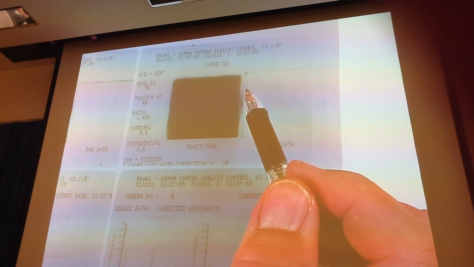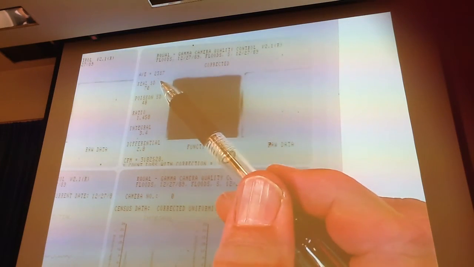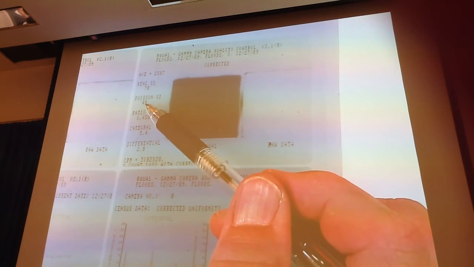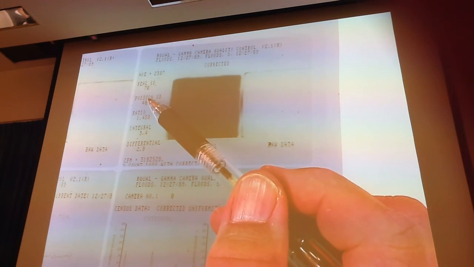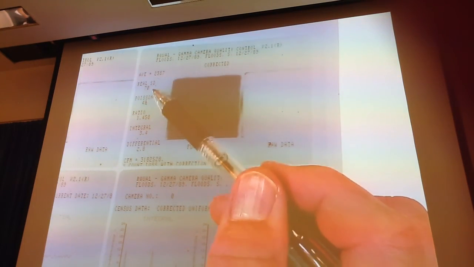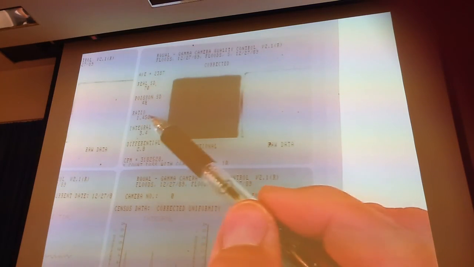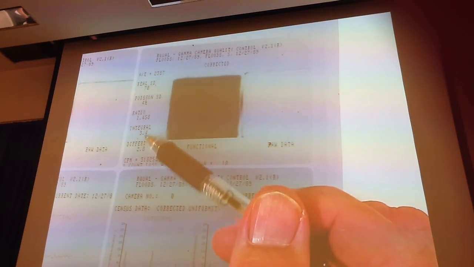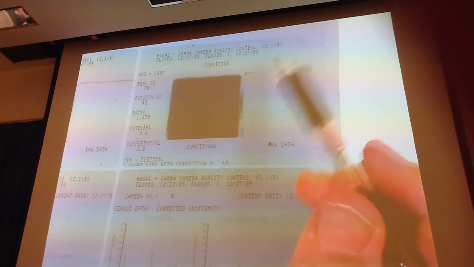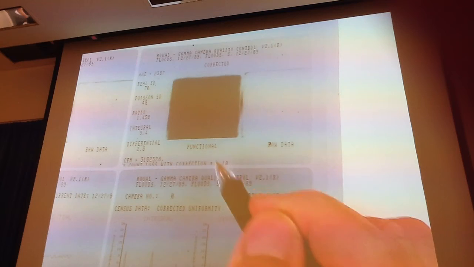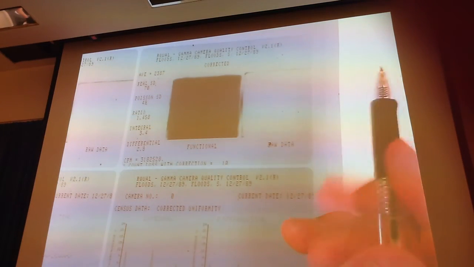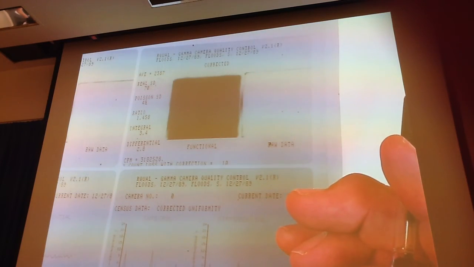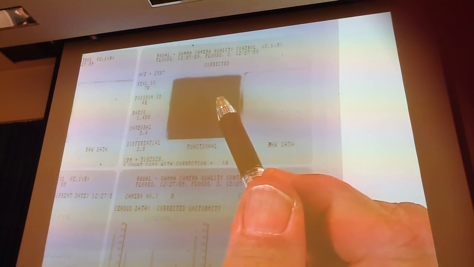But you notice the differences now. The difference between the real and the Poisson distribution, 70 versus 48. It's a lot better, isn't it? The ratio is down to 1.5 roughly. The differences in the integral and the differential are much lower. But again, what this 10% down here is telling you is the gamma camera is artificially adding counts to fill in those areas.